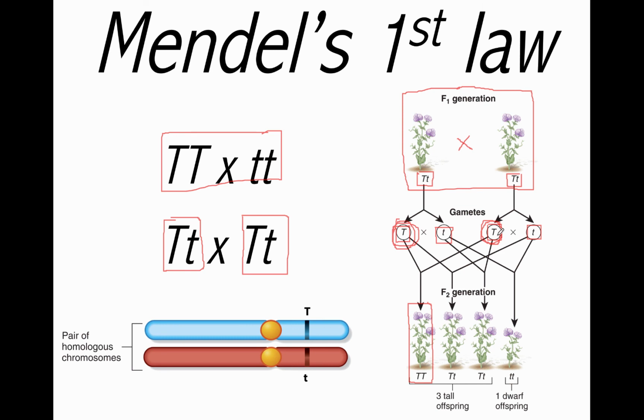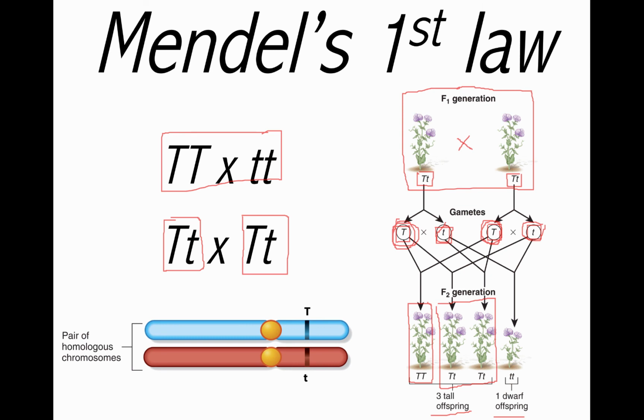You wouldn't know, unless you knew the genotypes of the gametes, that that offspring was homozygous dominant. When you do all of these fertilizations, we find that in total, three of the offspring would be tall. But when we bring this recessive allele together with this recessive allele here, we find one dwarf, or one short, offspring.